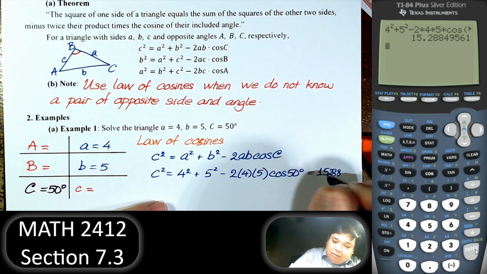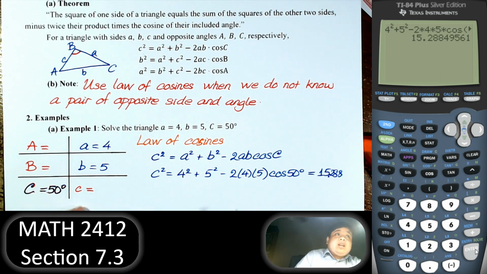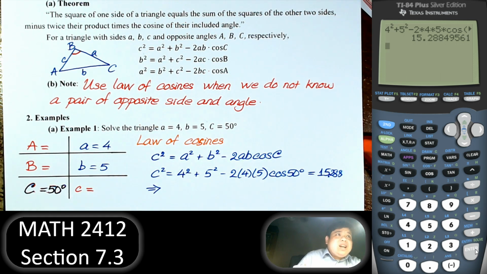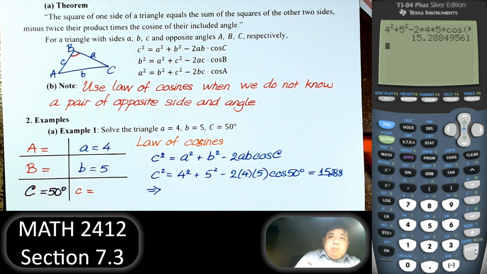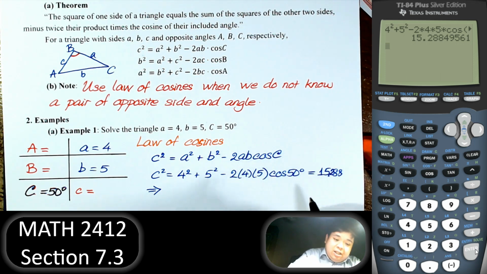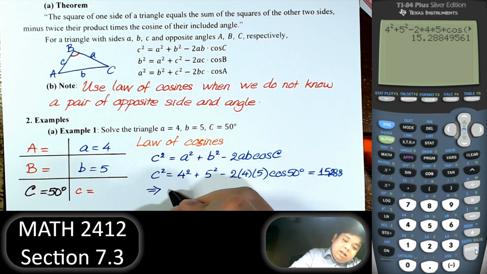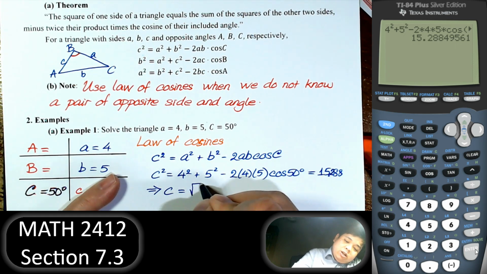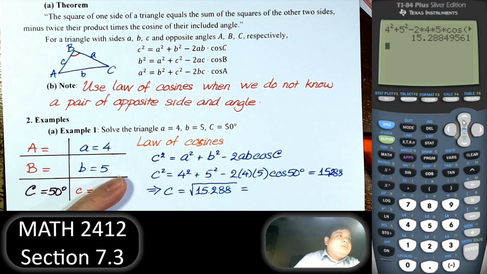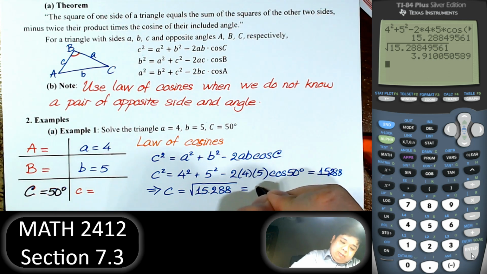Now take the square root on both sides. Typically it's plus or minus, but we don't need that here because in a triangle the measurement must be positive. So c is equal to the square root of 15.288, which is 3.91.